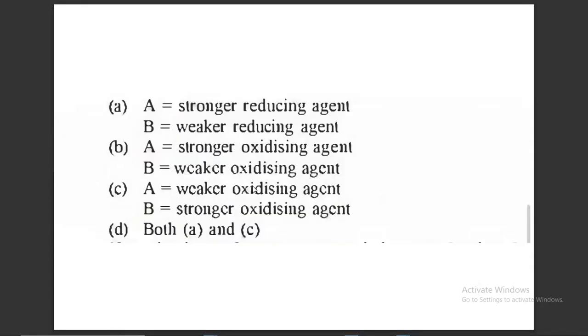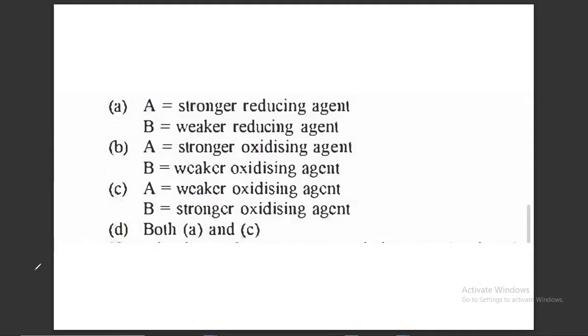So A is correct. Then if you see B, stronger oxidizing agent, weaker oxidizing, this is incorrect. C will be correct, as it is the opposite of the first one. So both A and C are the correct answer for question number 11.